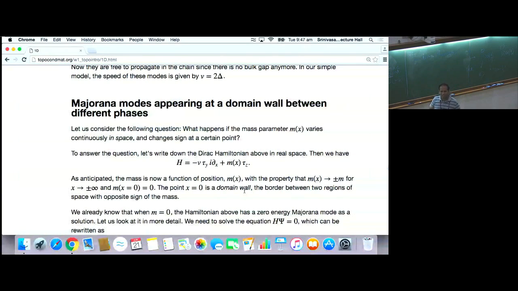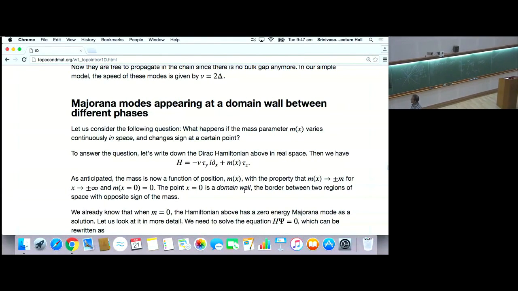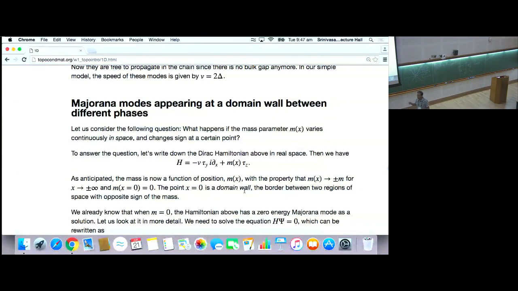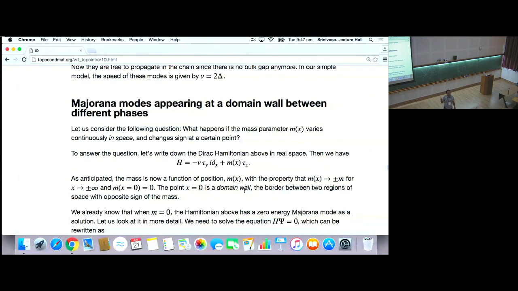The general class of these theorems basically tell you when Dirac models of various kinds have zeros in the spectrum. In this case, the specific one that's relevant is that whenever the mass of this Dirac model changes sign, you get a 0 mode at that interface.